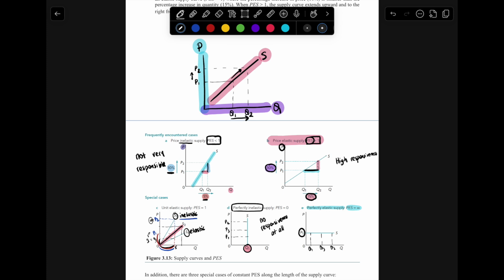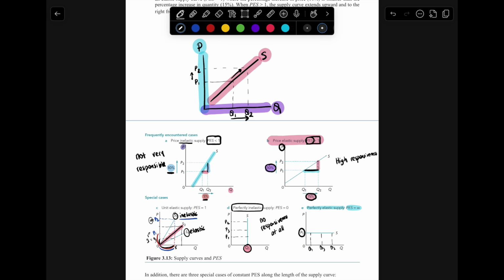So if this is P2, this is P1, the price, let's say P1 is 5 and P2 is 10 and this one is 5. So let's look at the second graph. So let's say that here P3 is 3.